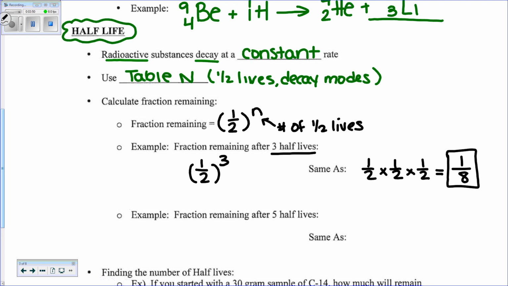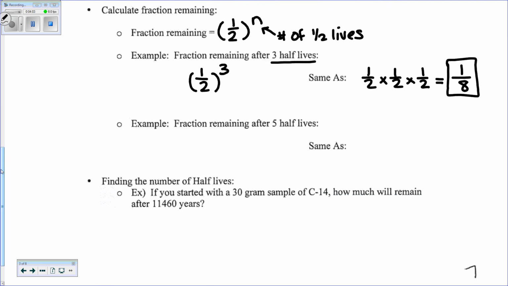So that means after whatever time the half-life is, after I've gone through 3 of them, I will have 1/8 of my original sample. If they ask me for my fraction remaining after 5 half-lives, well then I again could just go 1/2 raised to the 5, but remember on the Regents, you're not going to have your graphing calculator. You might be stuck with just a single 4 function. That means I won't be able to plug that in.